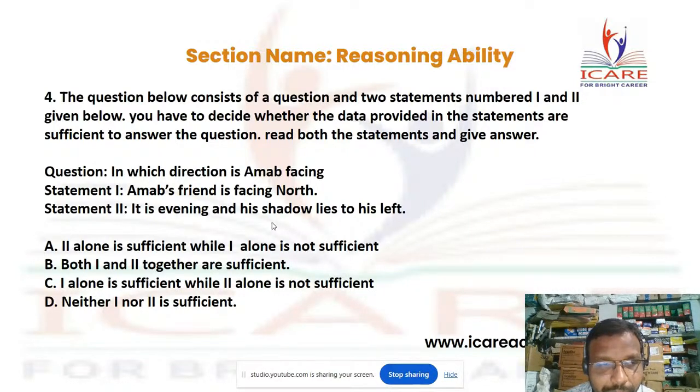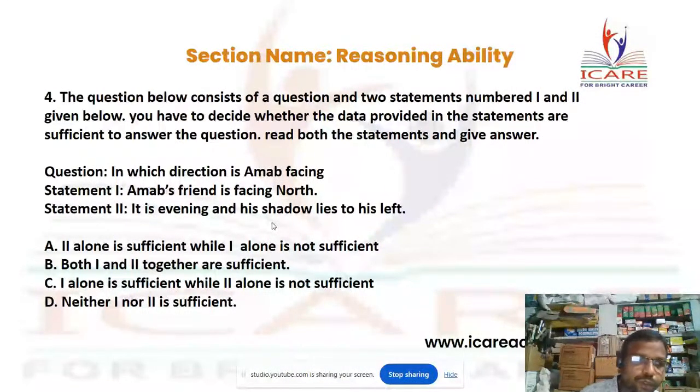We don't need Amab's friend. So statement one is directly not related to the given question. Second one, it is the evening and his shadow lies to his left. So whenever it is evening and it is related to shadow problems, we can identify in which direction he is facing.